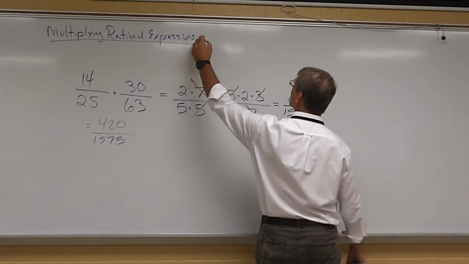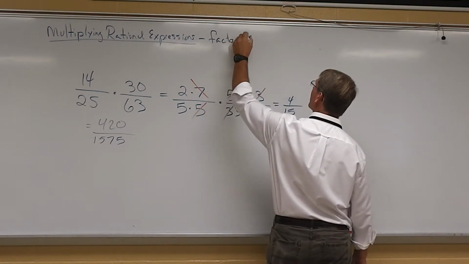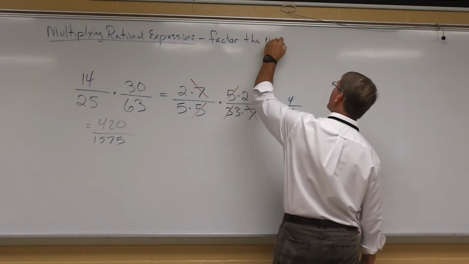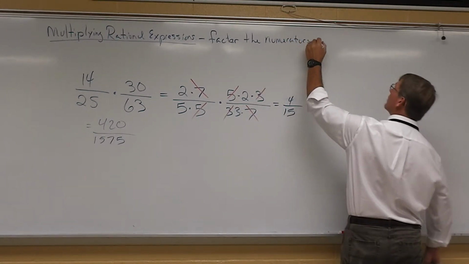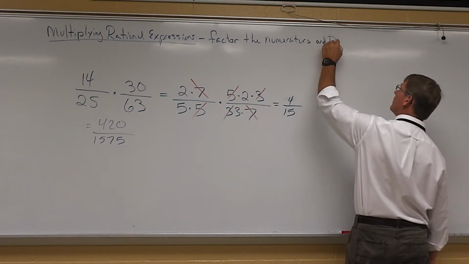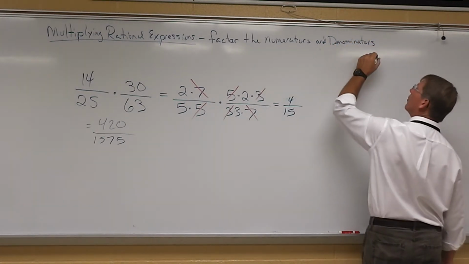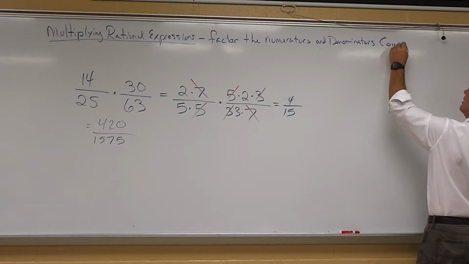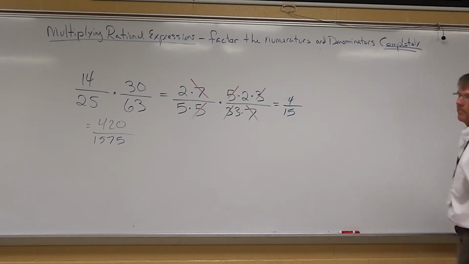So that's what we're going to do. With multiplying rational expressions, we're going to factor the numerators and denominators completely. I'll underline completely because it's important that we take it all the way down to its prime factors.